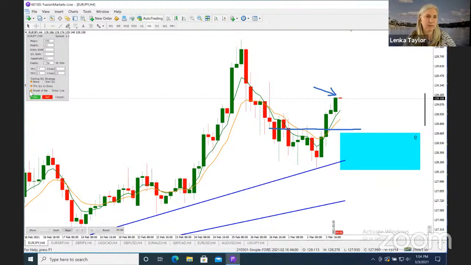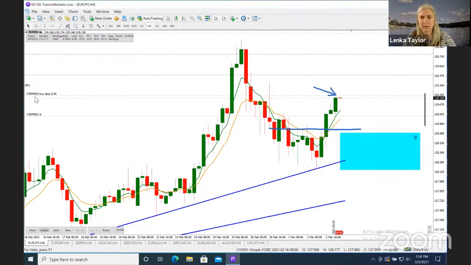So I will tick that. And yeah, entering at the break of bar. Stop loss is under the 15th bar here, so it's under the orange EMA. Profit target, we've got 1 to 1, 1 to 2, and 1 to 3. All right, let's buy that one.